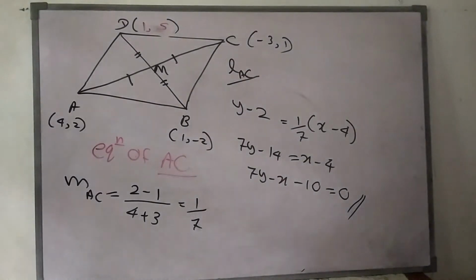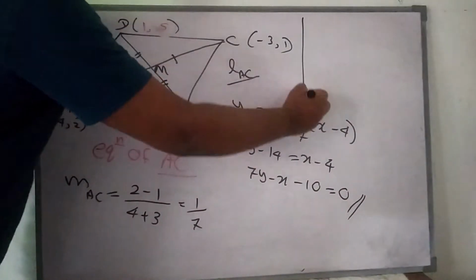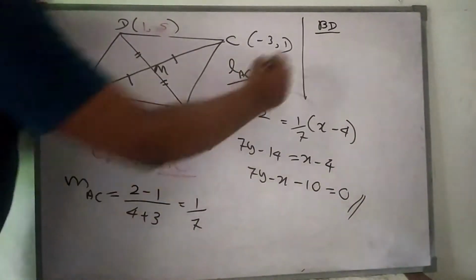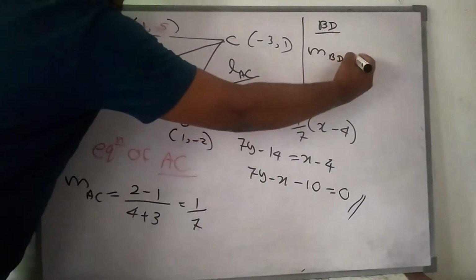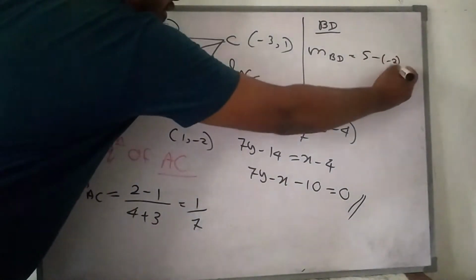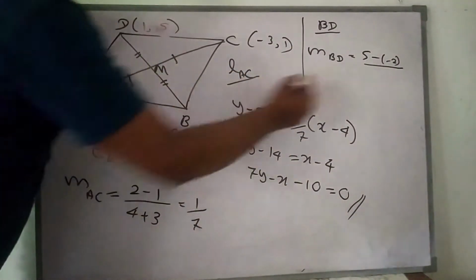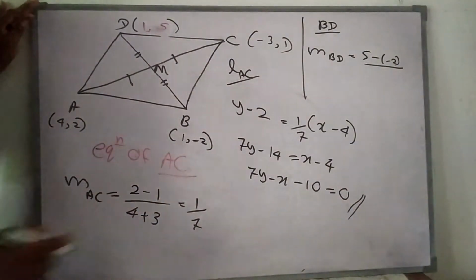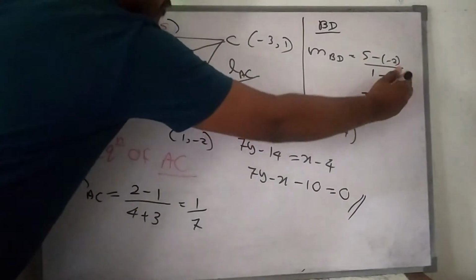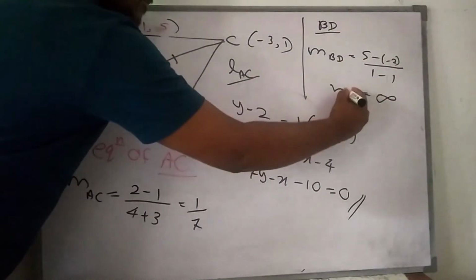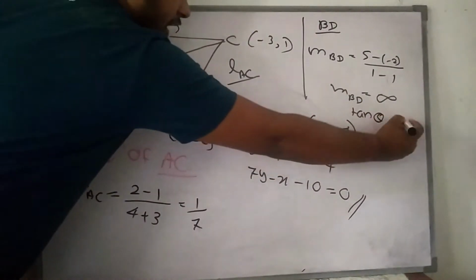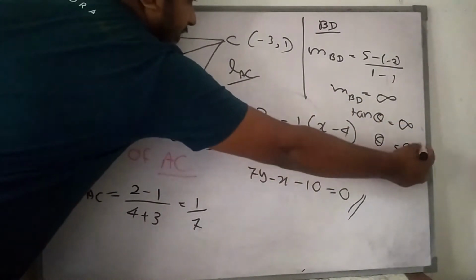And after, same thing for the other diagonal BD. First find m of BD. Y coordinate difference is 5 minus minus 2, x coordinate difference becomes 0, right? So the gradient is infinity, tan theta is infinity, theta becomes 90, right?